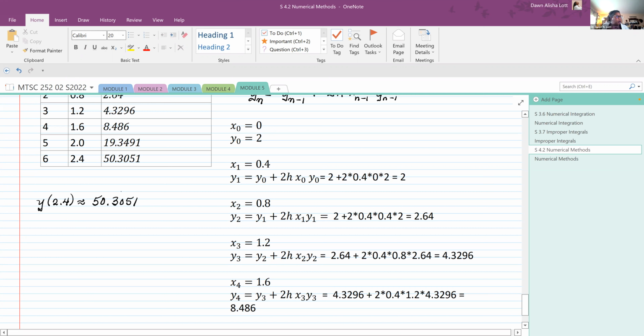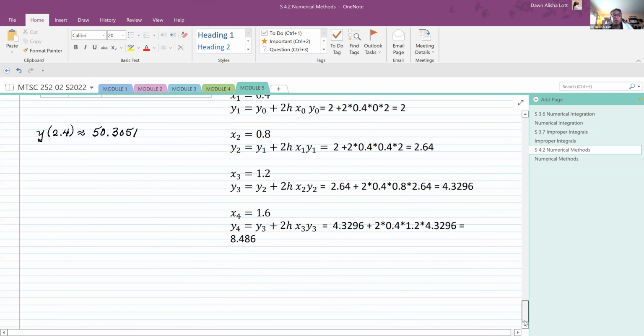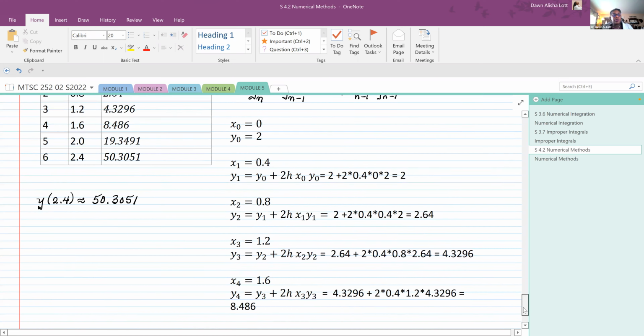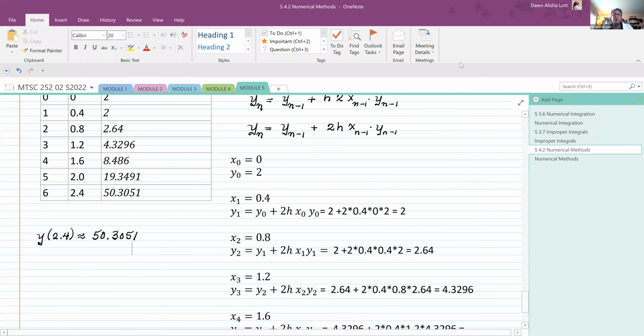On the homework, you will put in whatever decimal accuracy they want when you do these problems. All right, and that is how you do Euler's method. On Thursday, we will actually solve differential equations.